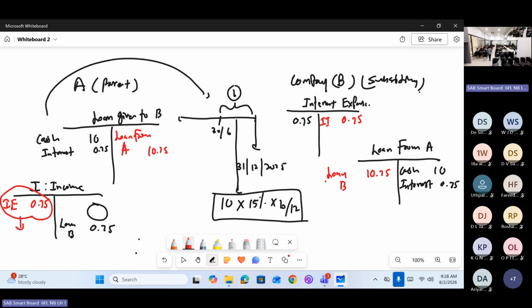Once you think about another entry, you think of interest income, and interest expense, something related. But in this scenario, if you are preparing the income statement, you have to pass this income.